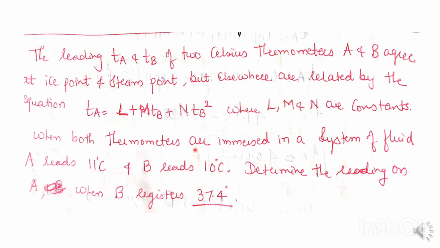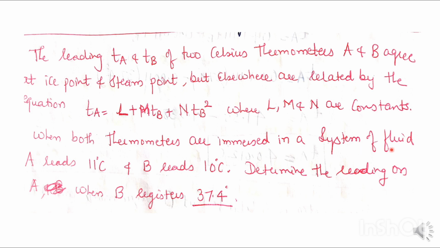When both thermometers are immersed in a system of fluid, A reads L1 degrees centigrade. At that time, thermometer B reads 10 degrees centigrade. Determine the reading on A when B registers 37.4 degrees Celsius.